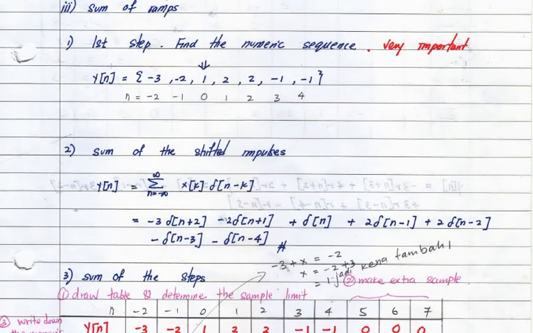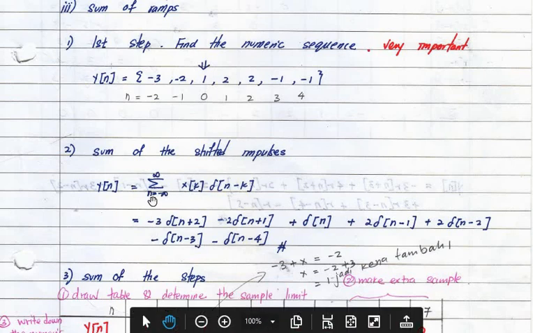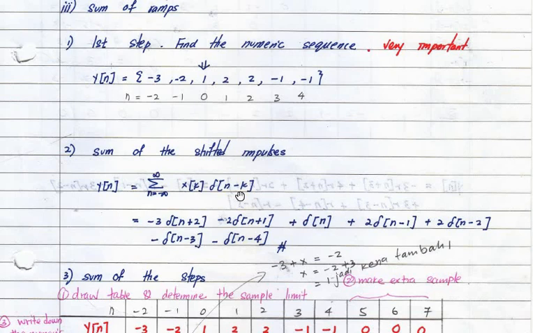Next is the sum of the shifted impulse. After you find the numeric sequence, you need to find the sum of the shifted impulse if the question asks you to do so. Shifted impulse means the summation of x[k] delta n minus k, just like the previous example.